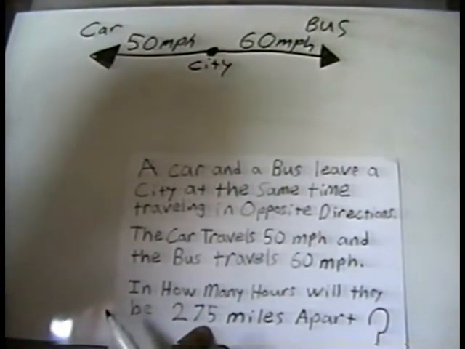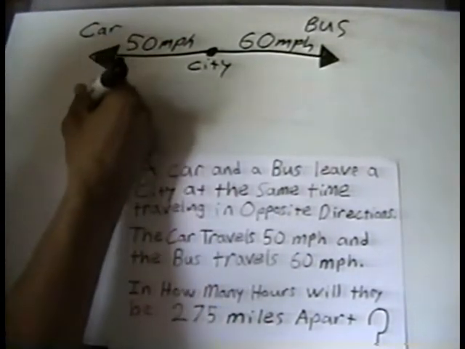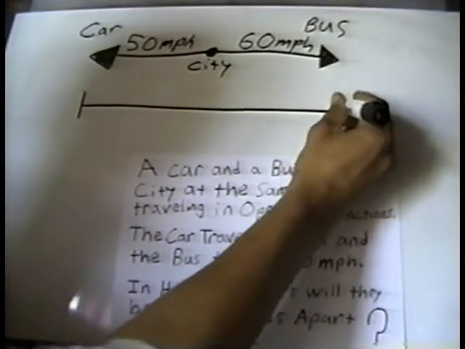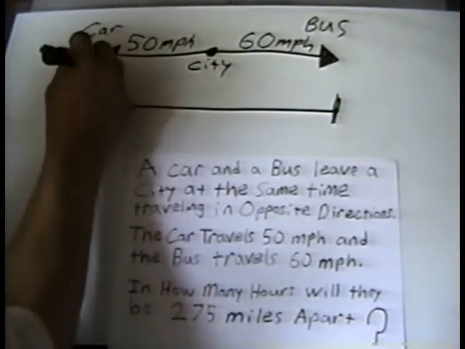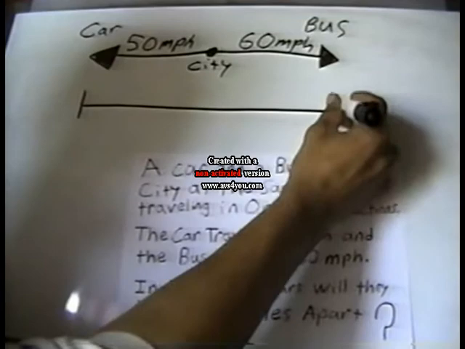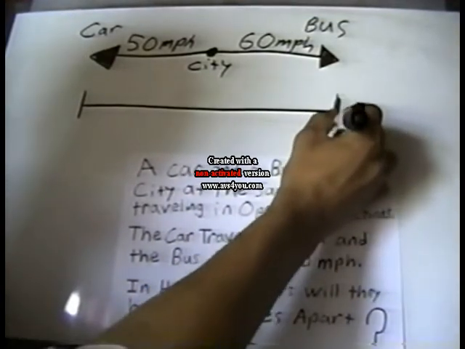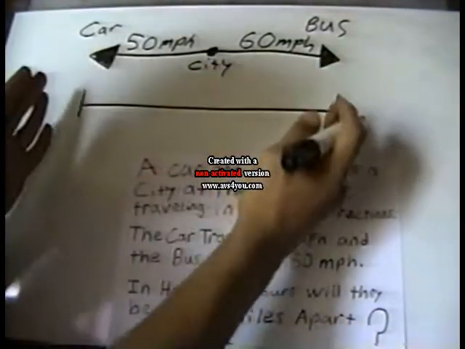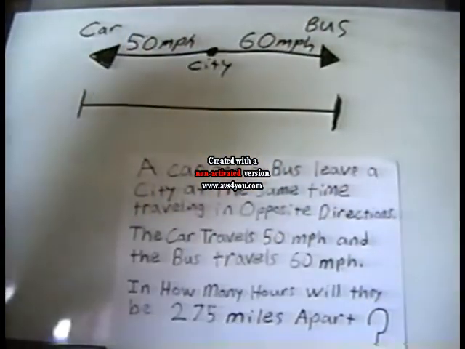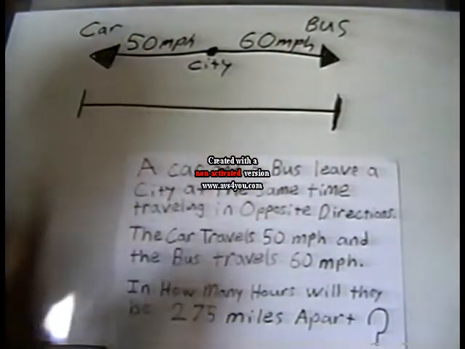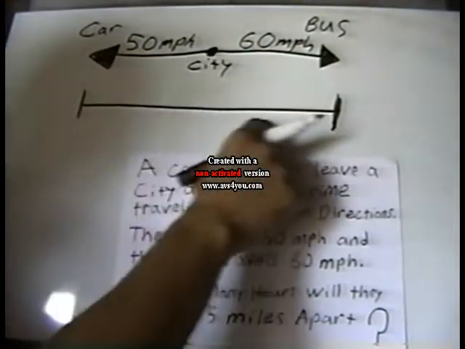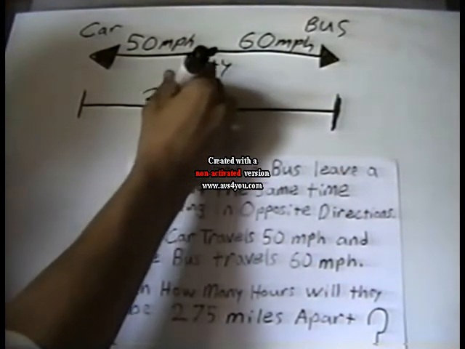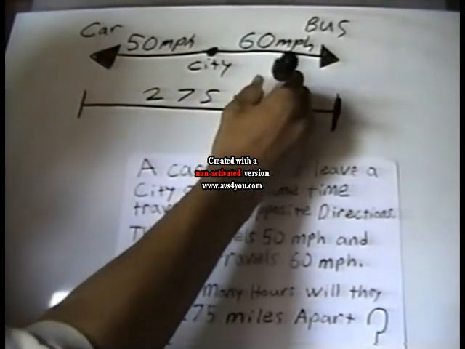That 275 miles is a piece of information that's giving us something to calculate by. Meaning, you have two things traveling, and at some point they're a certain distance away from each other. You know, at some point, if both are steadily traveling, they're going to be 275 miles apart.